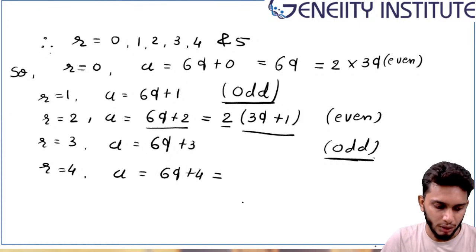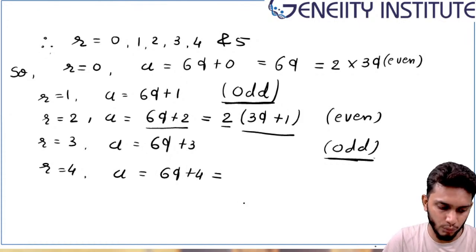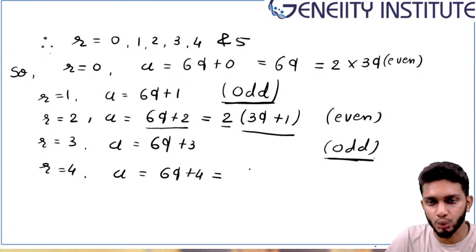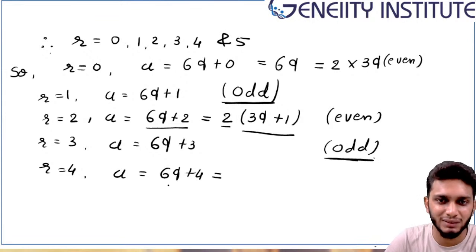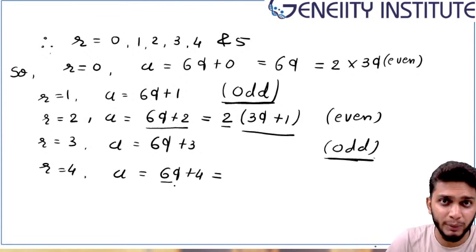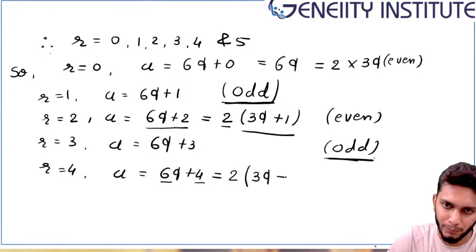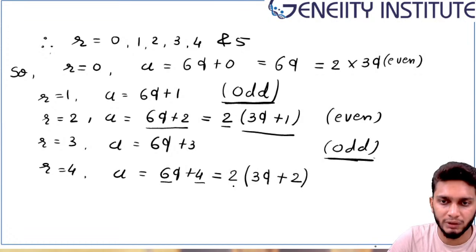Now r is equal to 4, a is equal to 6q plus 4. Now take 2 common, यहाँ से 2 कॉमन ले सकते हो, हाँ ले सकते, 2 3 जा 6, and in 4 also there are 2 common, so 2 3 जा 6, so 3q remains, plus 2 2 जा 4.